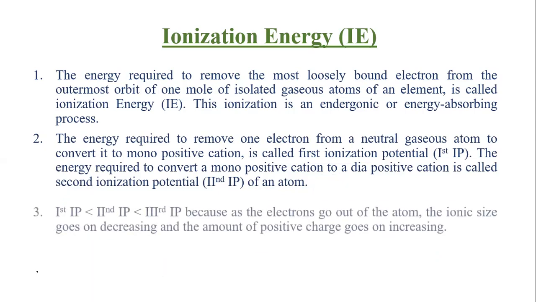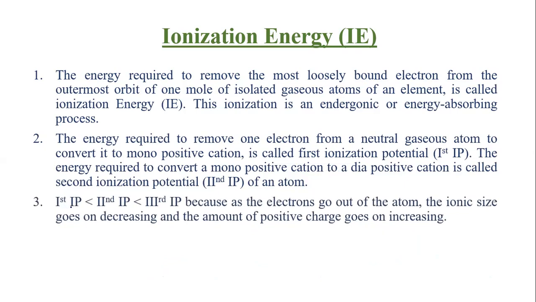So that is what we have. The first ionization energy or ionization potential is less than the second one, less than the third one, or you can say the third one has the maximum energy, because as the electron goes out of the atom, the ionic size goes on decreasing and the amount of positive charge goes on increasing.